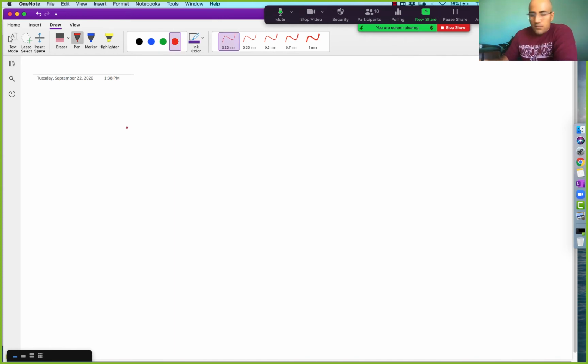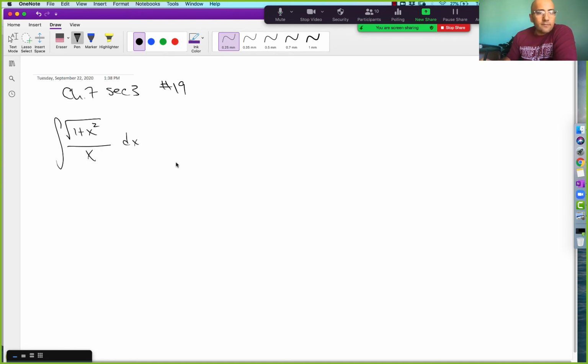So this one is chapter 7, section 3, number 19. We have the integral of the square root of 1 plus x squared, all over x, dx. Per their instructions, we're going to try letting x equal tangent of theta.